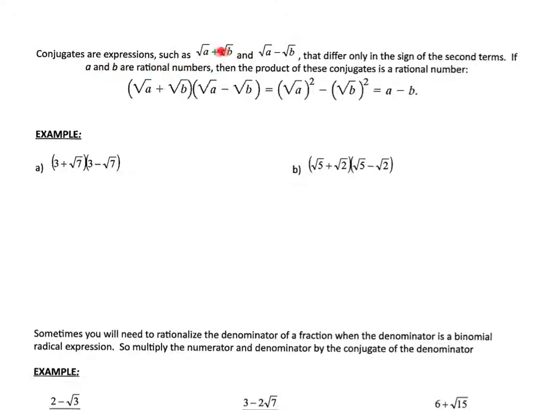Conjugates are expressions that differ only in the sign of the second terms. So root A plus root B, the conjugate is root A minus root B. And when you multiply conjugates, if you think of FOIL, first, outside, inside, last, the outside terms and the inside terms will just cancel out, because you'll have positive AB and negative AB, and they'll cancel out.